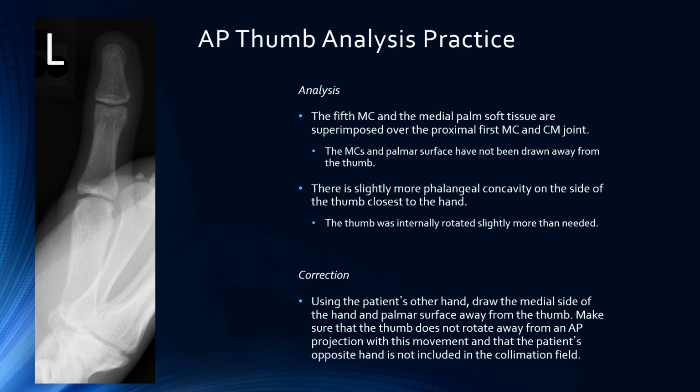The thumb was internally rotated slightly more than needed. So for correction, using the patient's other hand, draw the medial side of the hand and the palmar surface away from the thumb. Make sure that the thumb does not rotate away from an AP projection with this movement, and that the patient's opposite hand is not included in the collimated field.